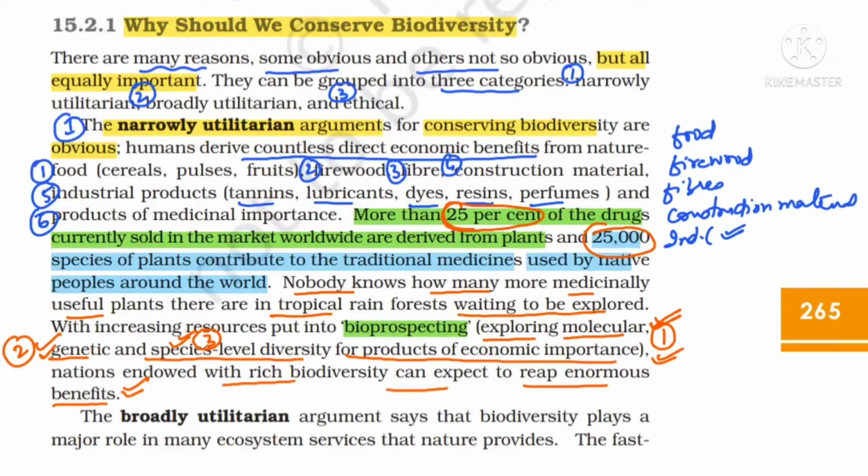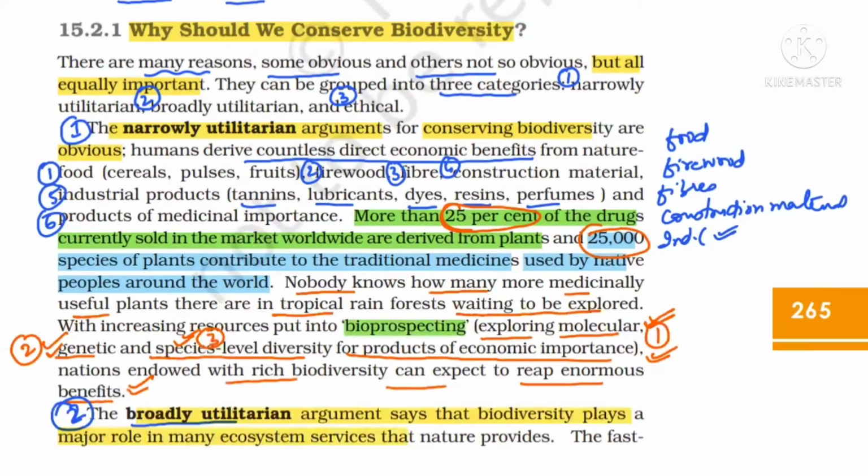Now, second is your broad utilitarian argument. According to this, biodiversity plays a major role in many ecosystem services which nature provides. Is it clear?